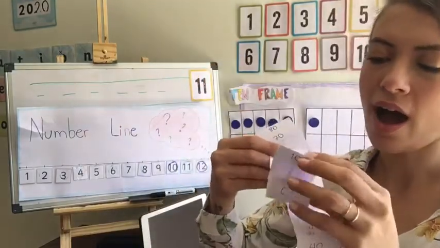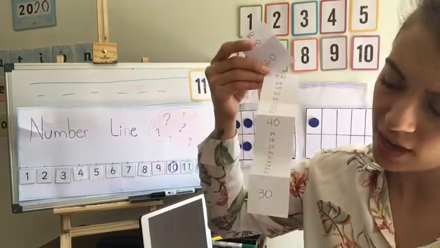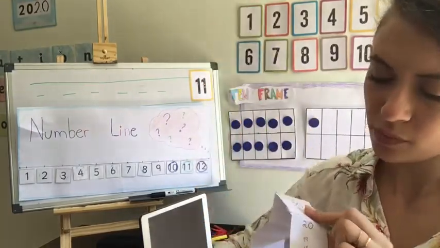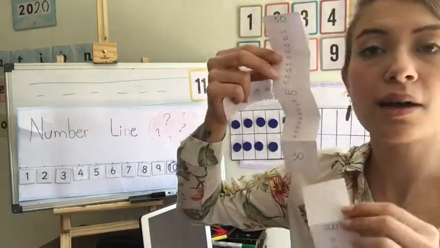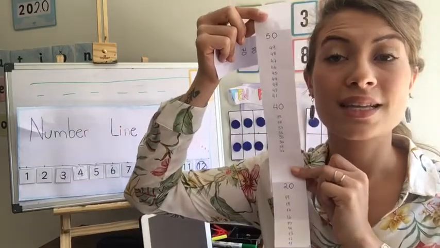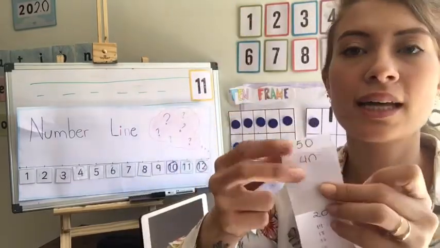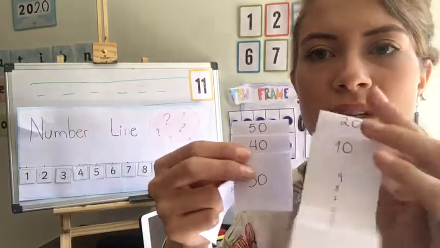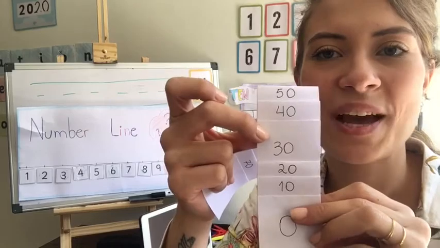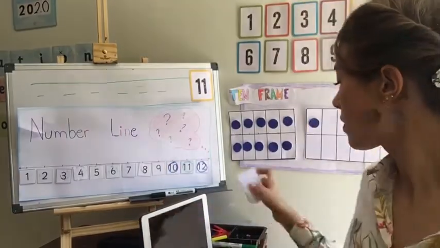Look, it is going to take me a long time to count all of these numbers. Imagine here in the middle, but it can be easier if I just count by tens. Look, if I just count by tens like this, okay? That's why we count by tens.